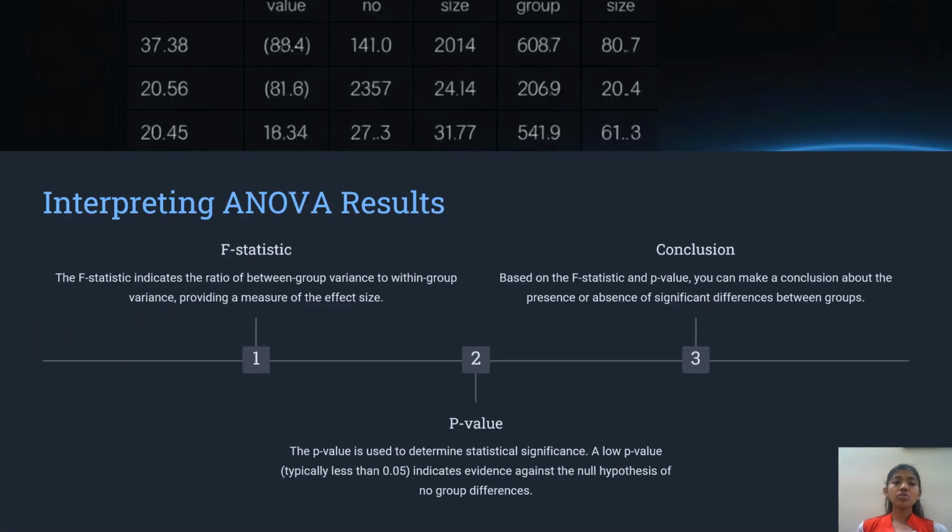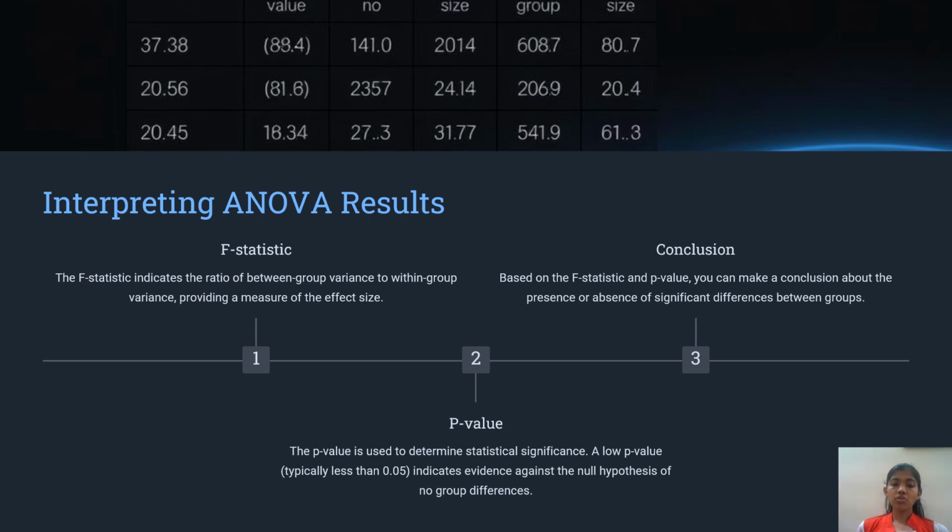So now come to the interpreting ANOVA result. So the first one is F statistic. The F statistic indicates the ratio of between group variance and within group variance, providing a measure of the effect size. Second is p-value. The p-value is used to determine statistical significance.